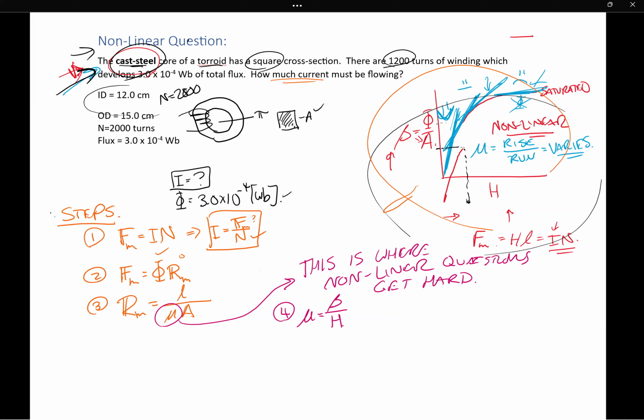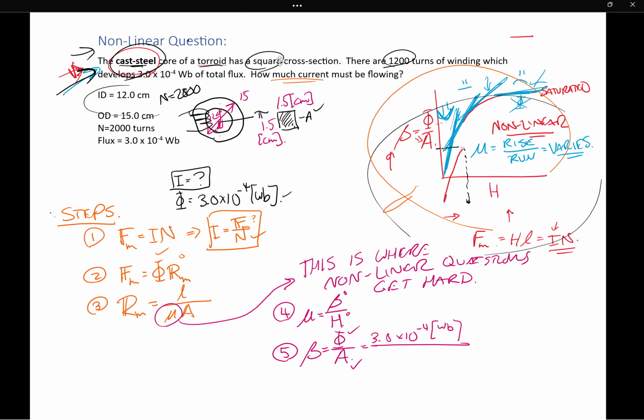We were given this in Webers, and that's just my flux. And we know the area because we know the geometry of a square. But you might kind of forget the area of a square.